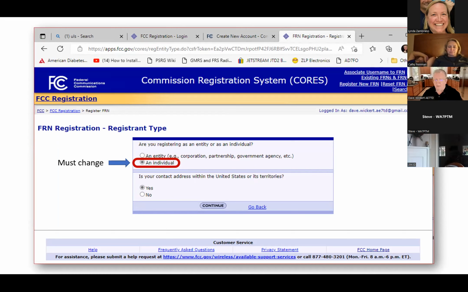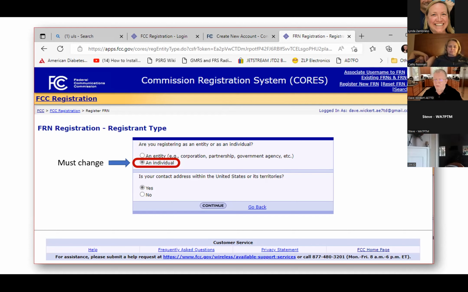To be able to get a license, you must have a contact address that's in the United States. You're not required to be a United States citizen, but you are required to have an address that can be delivered by the United States Postal Service.